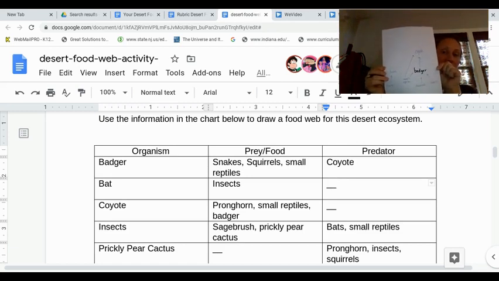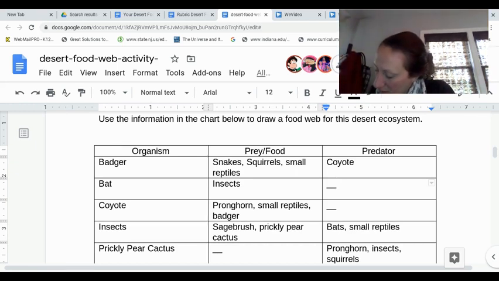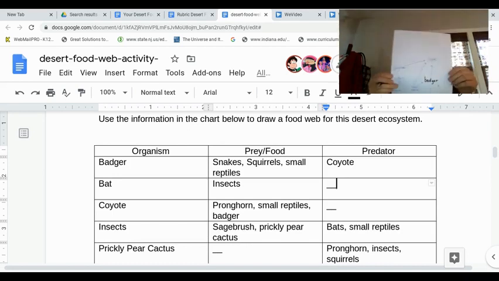Hopefully you can see that. Okay, and then the other thing on that list is the pronghorn, which is the thing that sort of looks like an antelope. So I'm going to add the pronghorn over here and draw an arrow from the pronghorn to the coyote. Okay, so that's those 3.